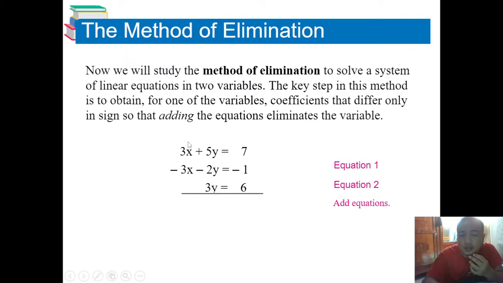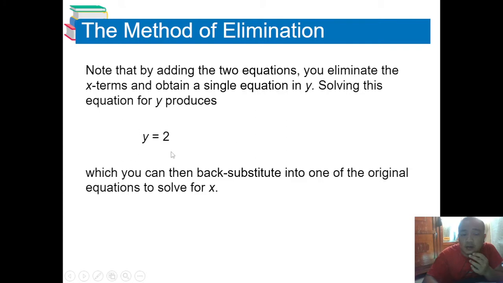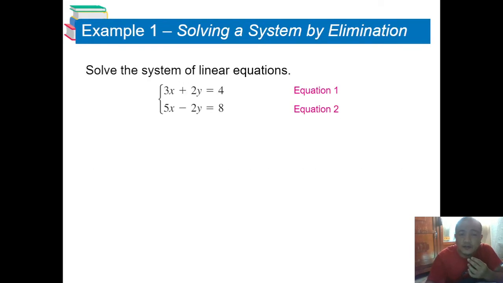In this system of linear equations given here, we have eliminated the x variable, so you just add: 5y plus negative 2y is 3y, 7 plus negative 1 is 6, and then by dividing the equation by 3, we have y equals 2, which you can then back substitute into one of the original equations to solve for x.